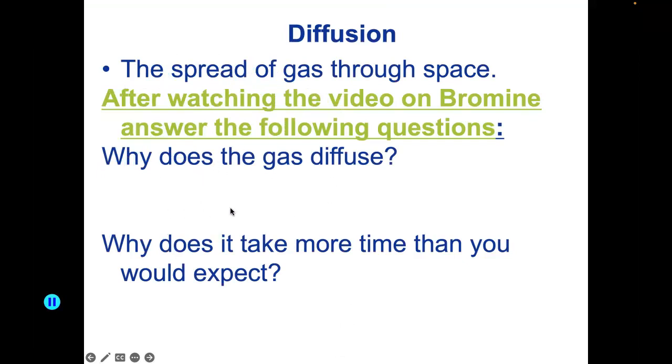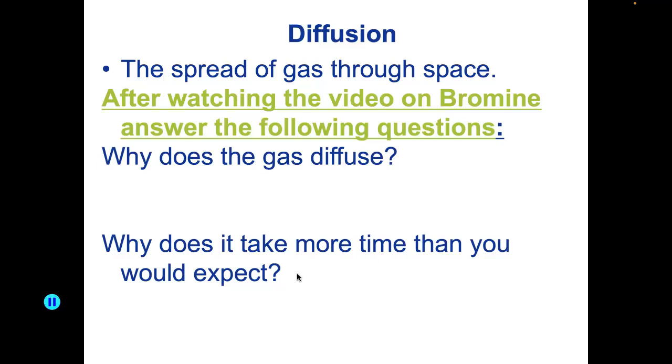So why does the gas diffuse? Okay, the gas diffuses because it wants to take up all the space in that container. Okay, it wants to spread out. So that's why it diffuses. And the reason that it takes more time than we would expect is if we look at where bromine is on the periodic table, it's a heavier gas.